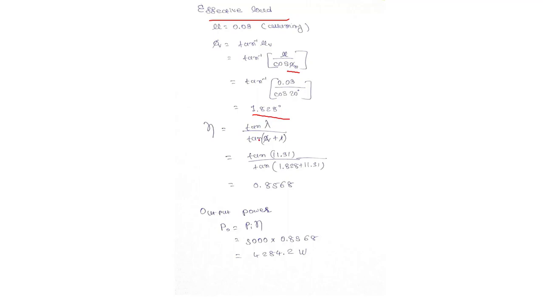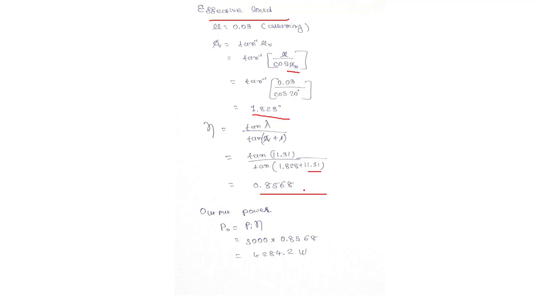Now for power we need to find the efficiency. Eta is tan lambda upon tan of phi v plus lambda. Putting the values, lambda is 11.31 and phi v is 1.828, so we get eta is 0.8568.